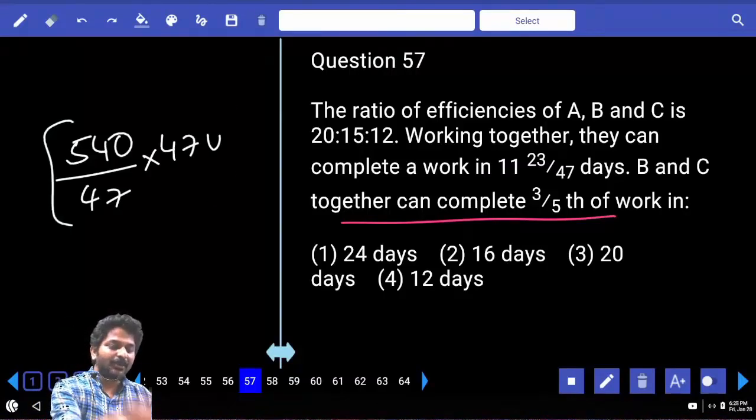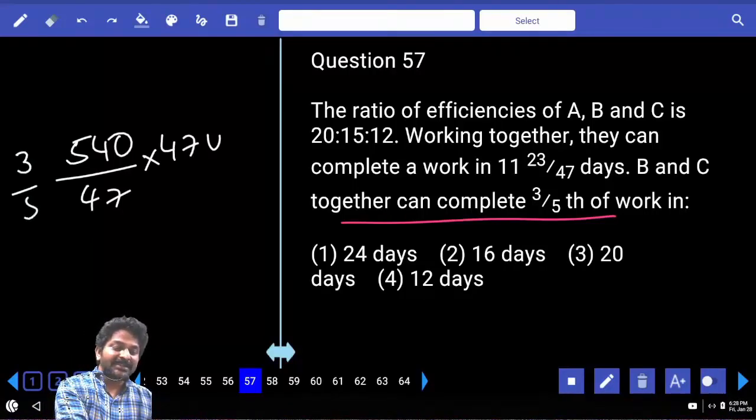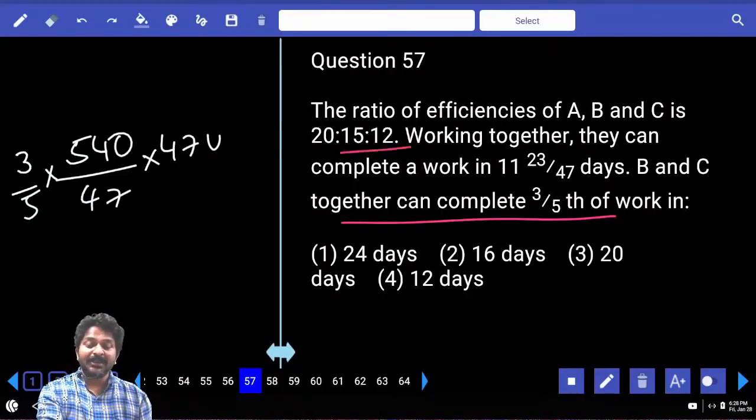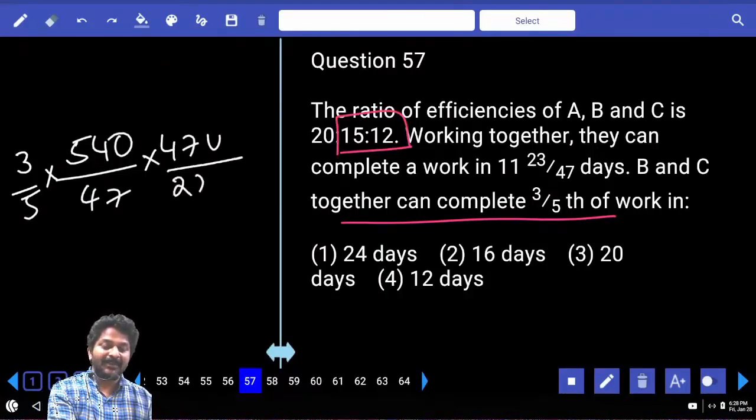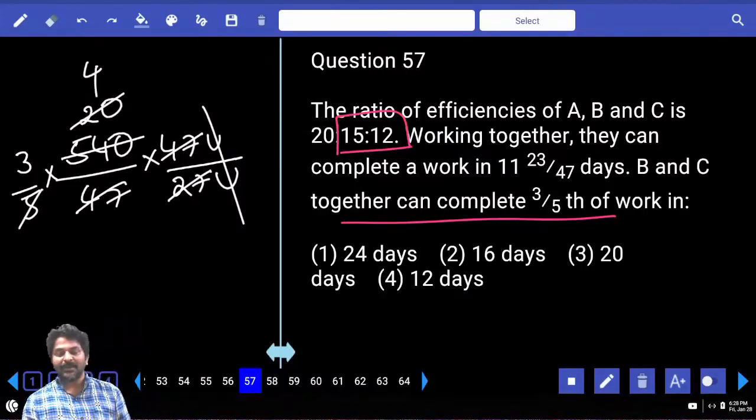Now, BC should do how much fractional part of work? 3 by 5 of the work, in the sense 3 by 5 into this total. And then, who are working together now? BC together can do how many units of work? That means divided by 27 only. Yes, 47, 47 cancel, units cancel, 27, 20 times 5, 4 times 3 into 4, 12 days. Answer.